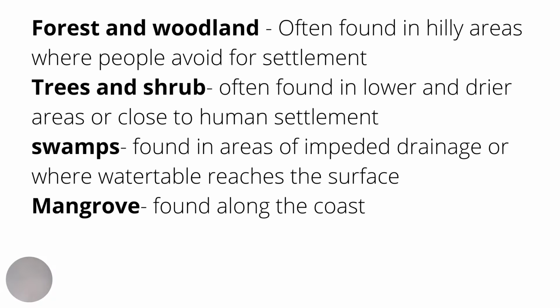So let's look at these different types of vegetation briefly. All right, forest and woodland are vegetations that are dominated by trees. The main difference between the two is that the forest tends to be made up of bigger trees, trees that are larger, taller, and the trees tend to be a little closer, or we could say that there's a higher density in the forest.